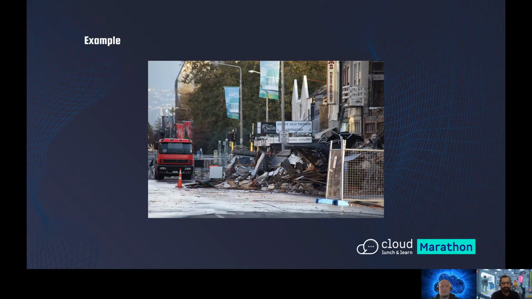Let's talk about a little scenario or example of how we can utilize Azure Stack. Let's say we have a special version of Stack Hub, which can be installed in an off-road vehicle. That vehicle, which is now equipped with a Stack Hub, can act as a scout for emergencies. Let's say there's a disaster like an earthquake, and you can then deploy this off-road vehicle to scout ahead for the rest of the emergency services.